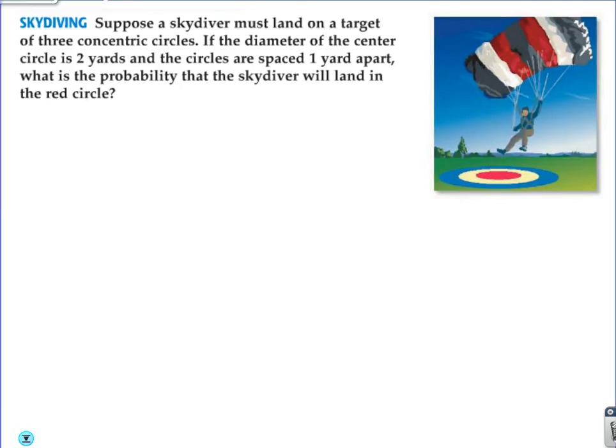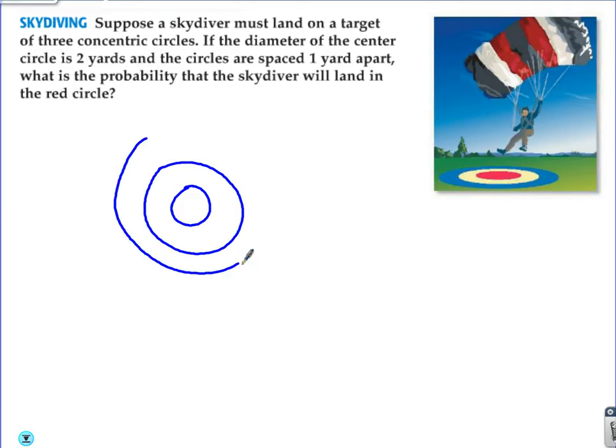Suppose a skydiver must land on a target of 3 concentric circles. And what concentric circles means, they have the same center. You got one circle, you got another one around it, and then you got another one around it. We want to know, if the diameter of the center circle is 2 yards, what's the radius? 1, right?